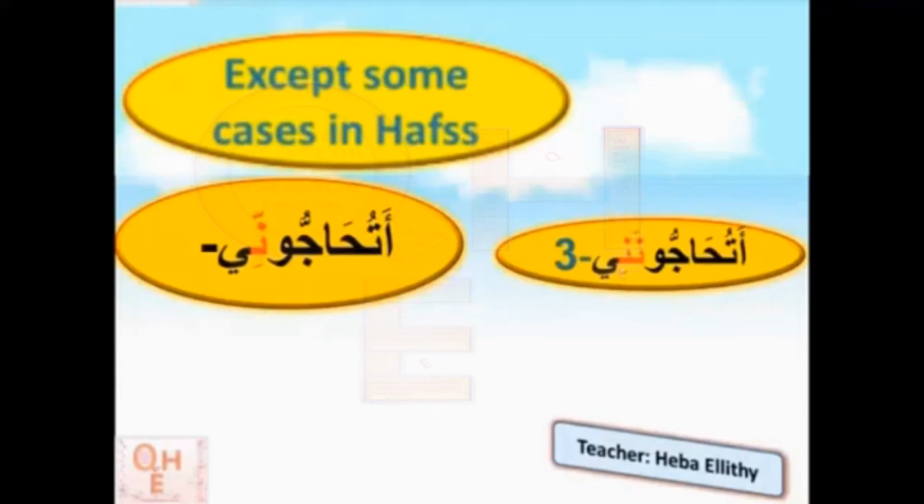It becomes one letter, here noon shadda with kasra. Of course, again, if you don't study this chapter, you will see this word and you will not know that in the real form it's noon fatha followed by noon kasra.